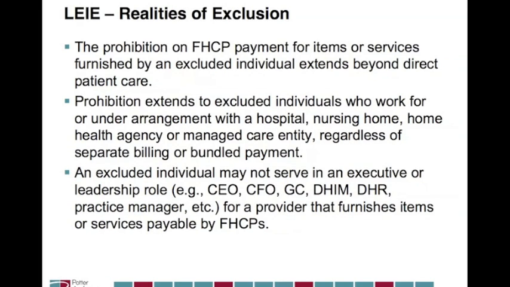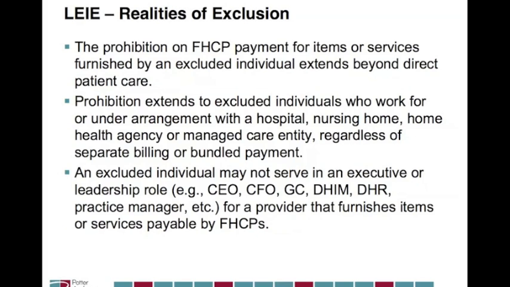The prohibition on federal health care program payment doesn't just pertain to direct patient care, however. It also extends to excluded individuals who work for or under arrangement with a hospital, a nursing home, a home health care agency, a hospice agency, or a managed care entity, regardless of whether there is separate billing or a bundled payment.